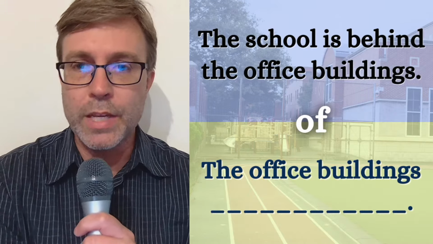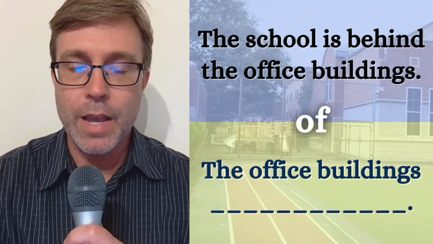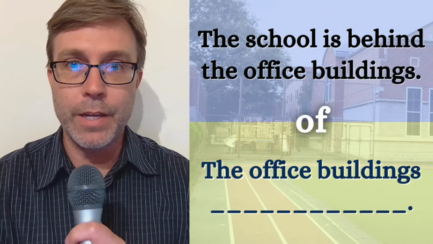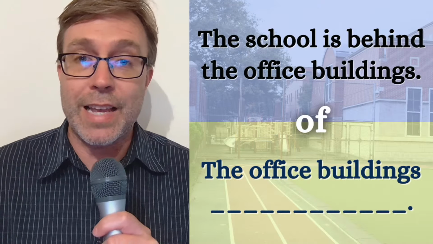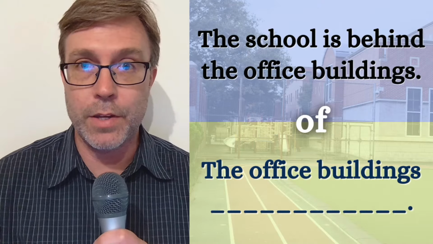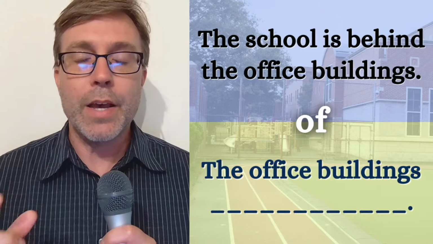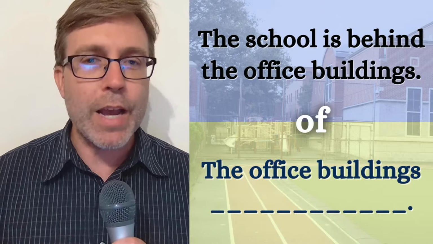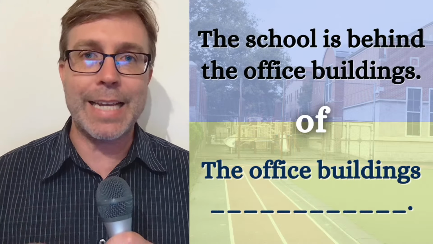So the school is behind the office buildings. I want you to change the sentence, use the word "of", and I'm giving you the start of the sentence now: "The office buildings". What would you say? Now, when it comes to these sentence transformations, try to be as exact as you can.